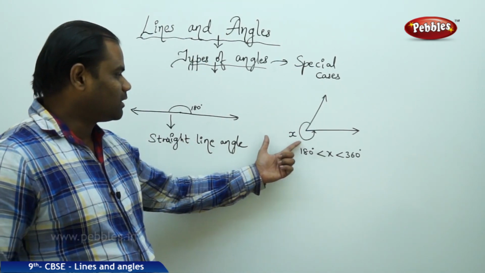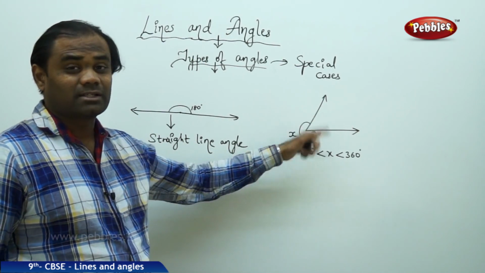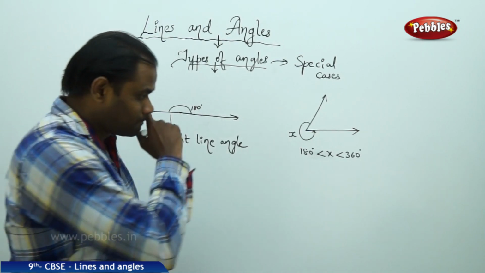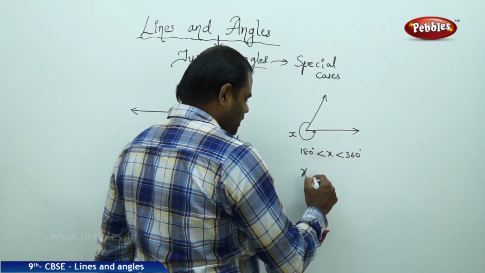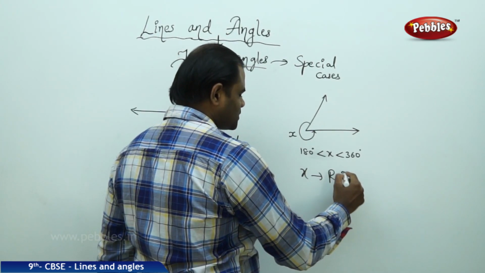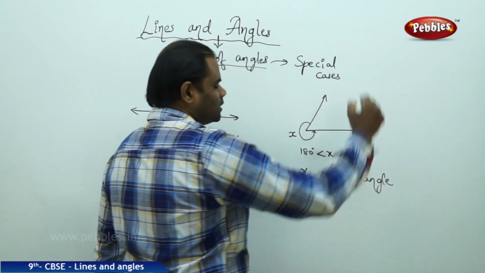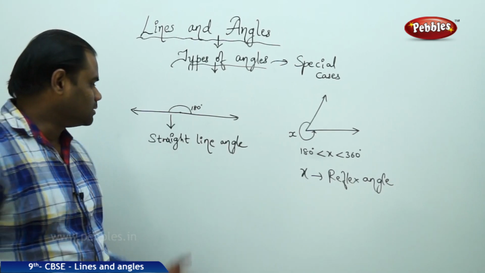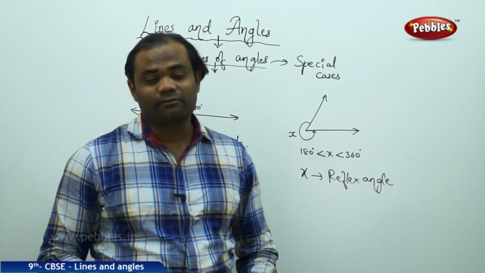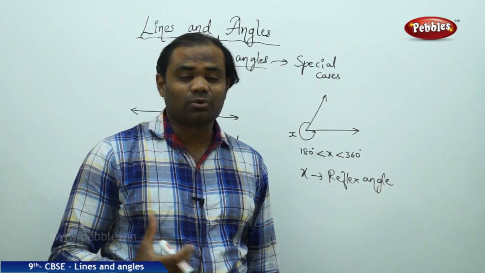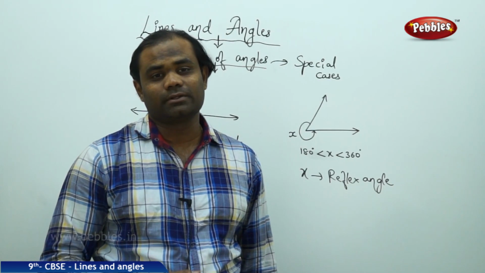So here I have an angle more than 180 and less than one full circle. In such a case, x is called a reflex angle. That's how we understand the straight line angle and reflex angle, which are equal to 180 and more than 180.